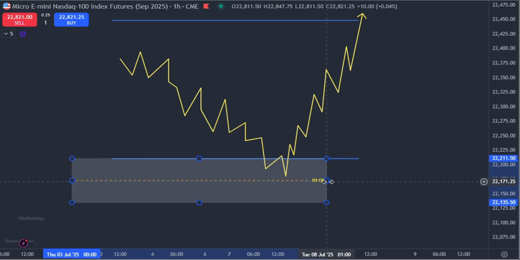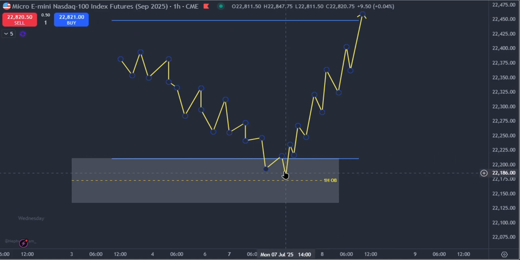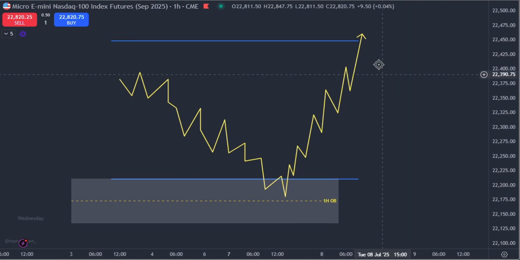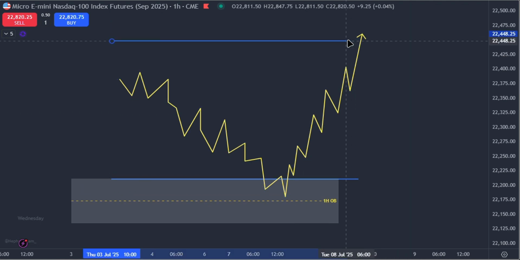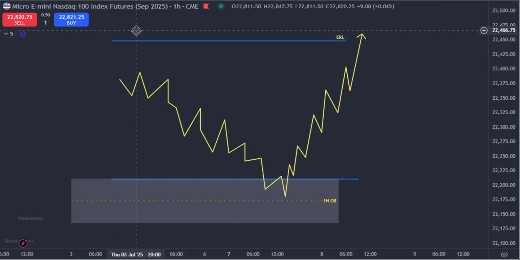So if we retrace to an order block, I'll look for my entry, and then we know on the higher time frame we're going to target external liquidity, which this is going to be an hourly high. This up here will be an hourly high.